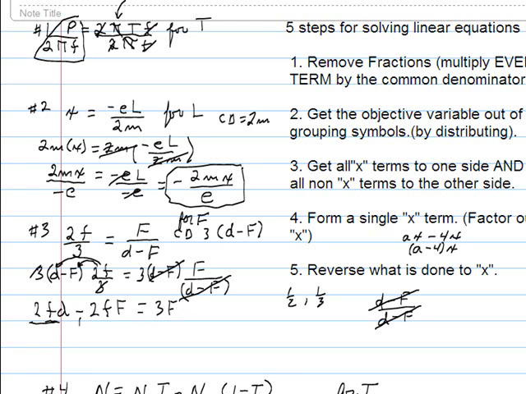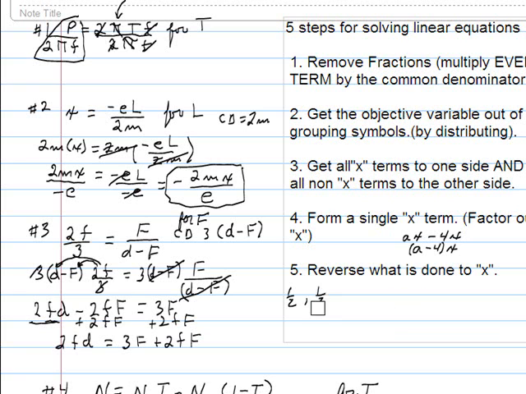So to do that, I'm going to add 2 little f big F to both sides. And I get 2 little f d equals 3 big F plus 2 little f big F.